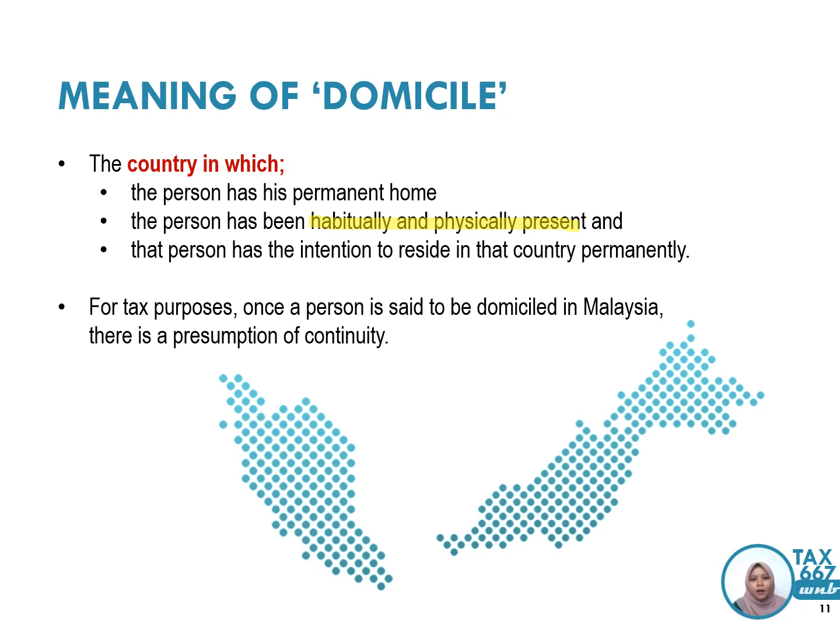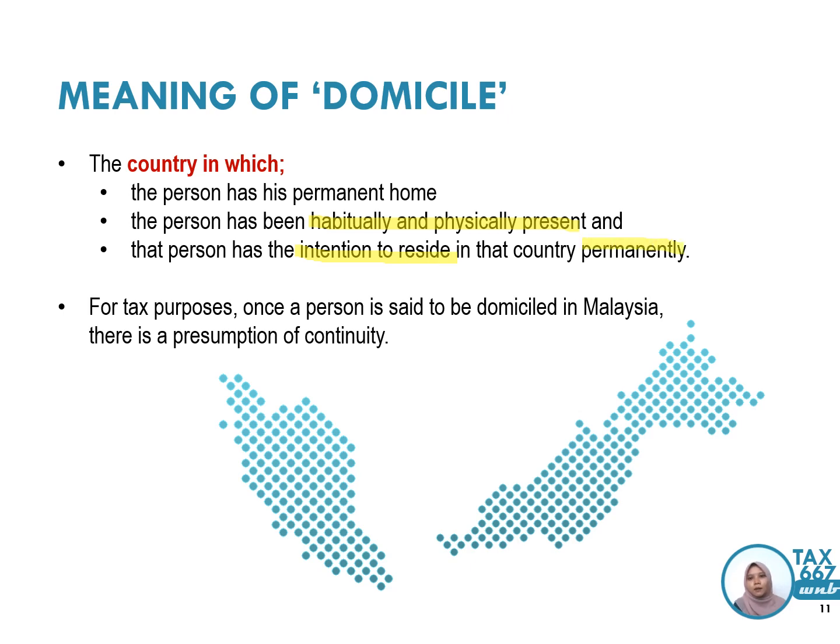Meninggal dikira sebagai died domicile in Malaysia, and mungkin dia tak ada rumah dekat Malaysia dan tak nampak sangat pun dia berada di Malaysia, asyik keluar negara sahaja, but dia masih lagi dikira sebagai died domicile in Malaysia if that person has the intention to reside in Malaysia permanently.